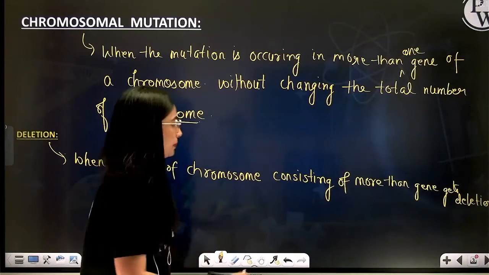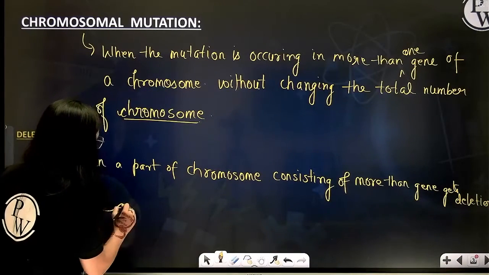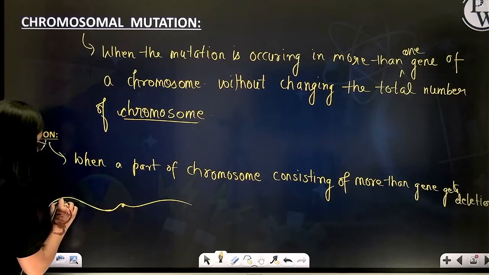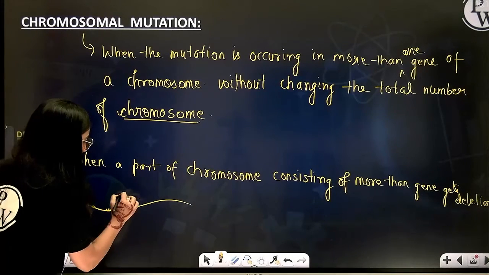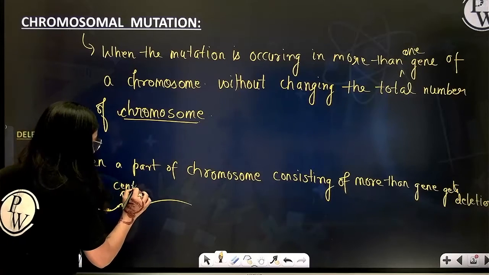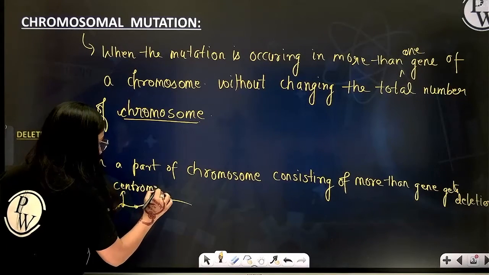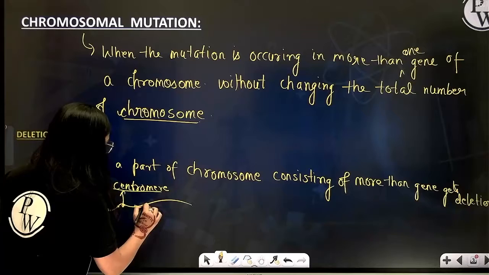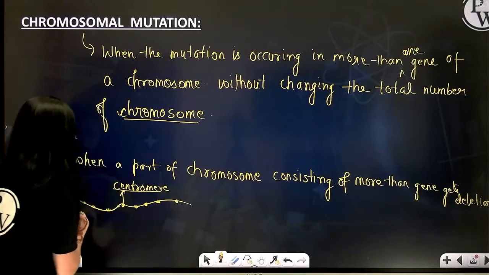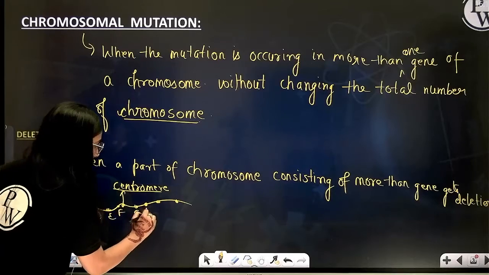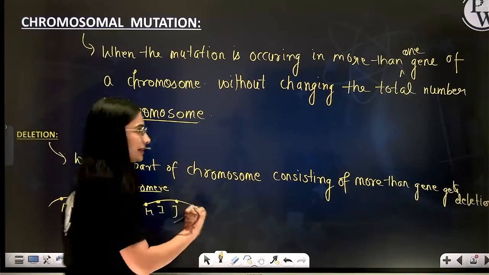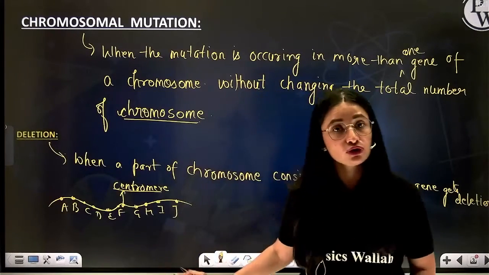For example, suppose the initial chromosome is this, represented by its genes. This is the centromere of the chromosome, which keeps the two arms, upper and lower arm, together. It has different genes like A, B, C, D, E, F, G, H, I, J. These are the different genes located on the chromosome.